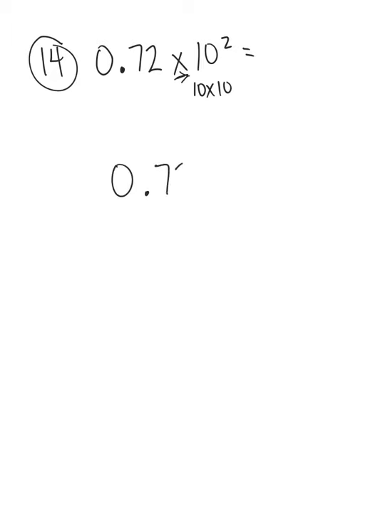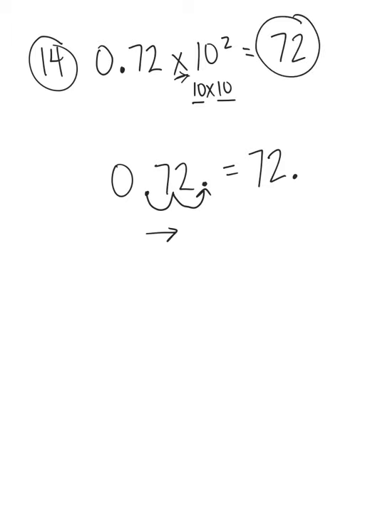So for 72 hundredths times 10 to the second power, I am moving my decimal place value to the right 2 times because I have 1 power of 10 and another power of 10. It now puts my decimal on the end of my number. So 72 with a decimal on the end is the same thing as 72 wholes. Because there's nothing in my decimal place value, I have 2 ones and 7 tens, which is 72. All right, number 15.